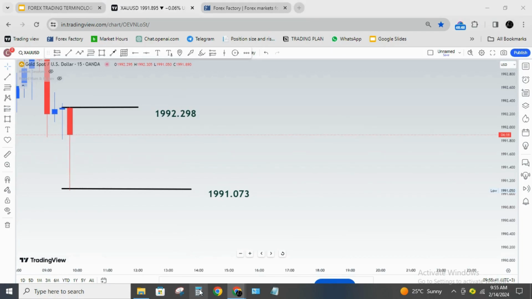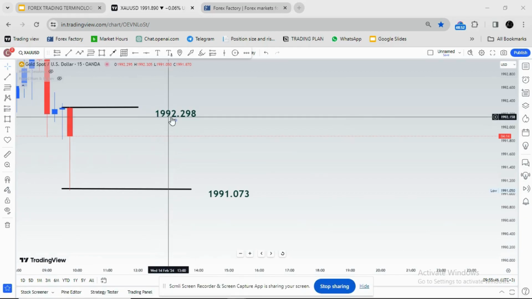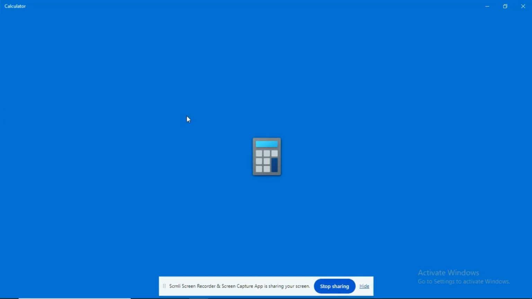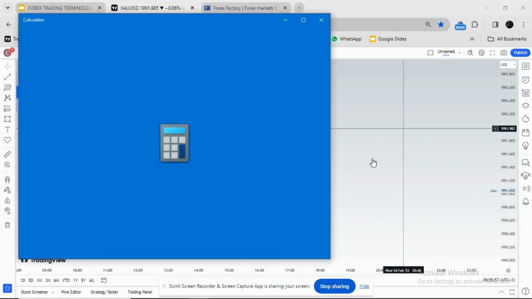Let me have my calculator here to make things easier. For gold, take all the numbers together with the number which is the first decimal place. Let me see if using that angle I'm going to explain it better to you.